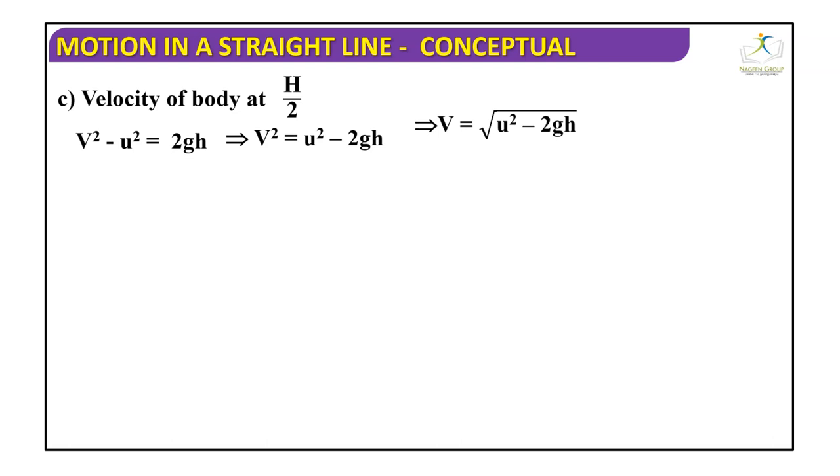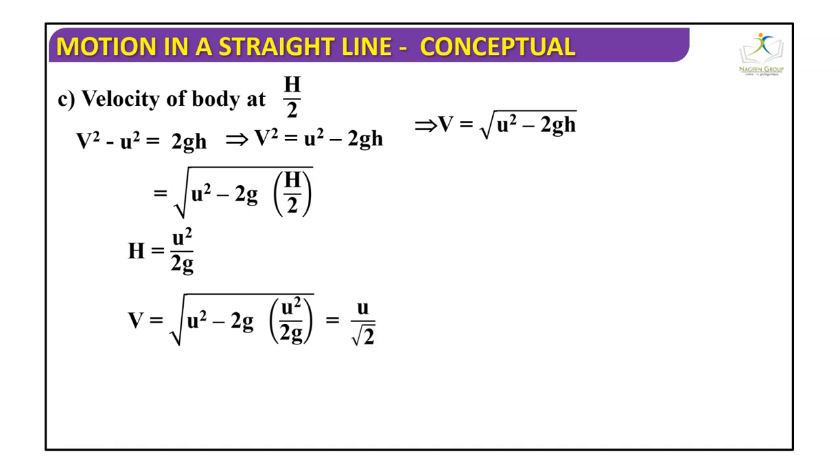V is equal to under root u square minus 2gh, where h is equal to u square by 2g. Hence, V is equal to under root u square minus 2g times u square by 2g, which is equal to u by root 2.